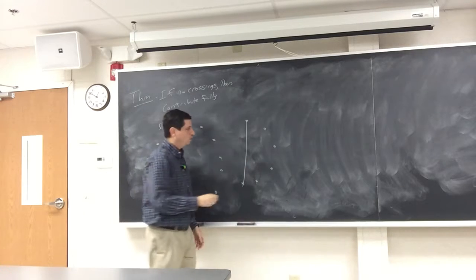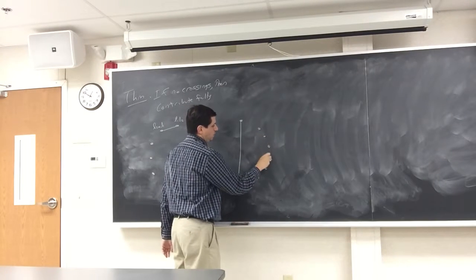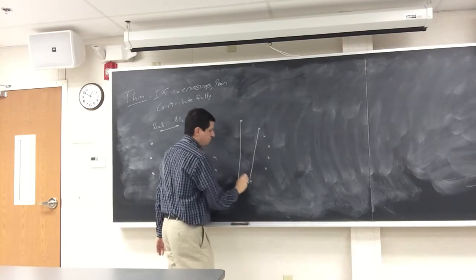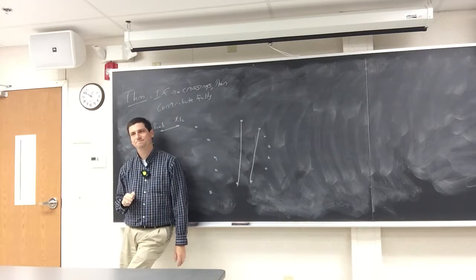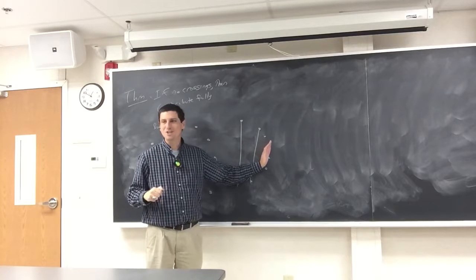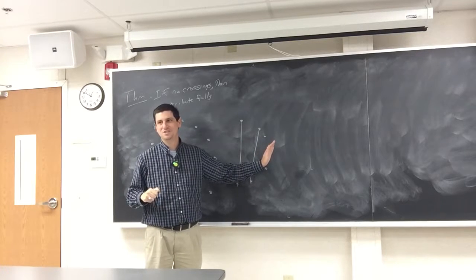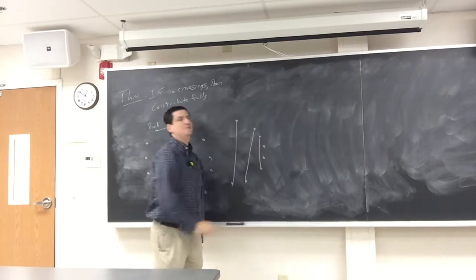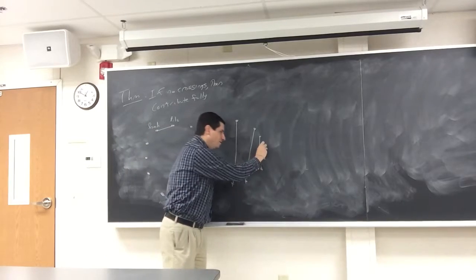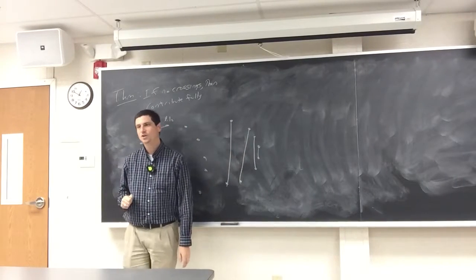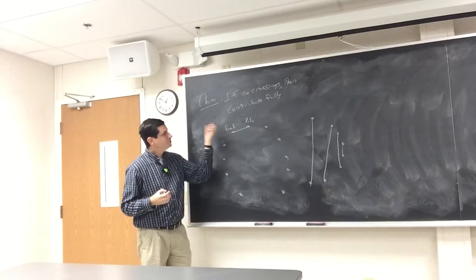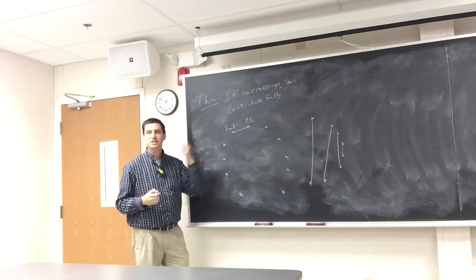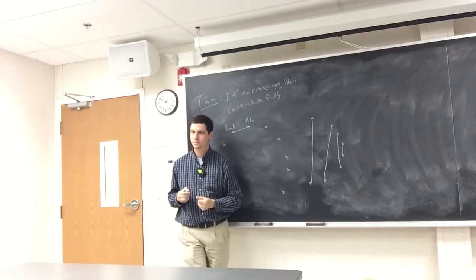Well, what if it was like this? And what if the adjacent pair that's connected was actually this one? Then by induction, again, I have a smaller set, and there must be an adjacent pair that's connected. And again, if it's this one, then by induction there's a smaller one, and eventually you get this. So no matter what, if there's no crossings, there must be at least one pair that's connected.